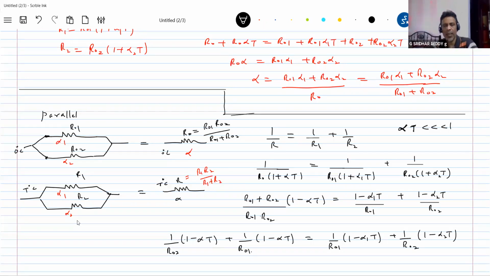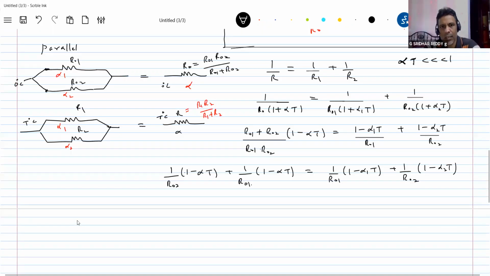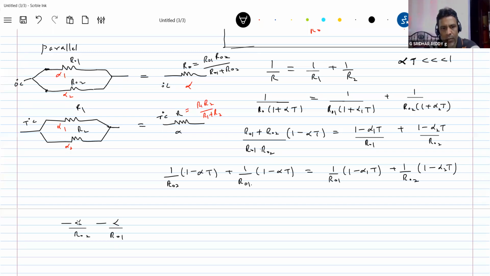Now we can simplify. R naught 1 can be eliminated, and 1 by R naught 2, 1 by R naught 2 will eliminate. So this will be minus alpha t. Even alpha t also gets eliminated. So minus alpha by R naught 2 minus alpha by R naught 1 is equal to minus alpha 1 by R naught 1 minus alpha 2 by R naught 2.